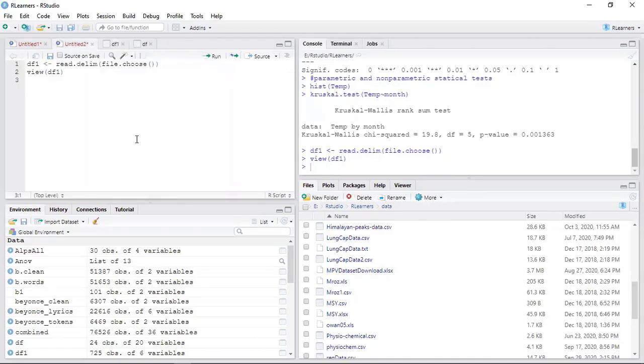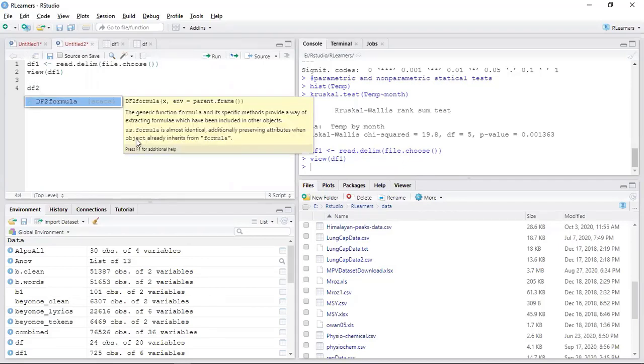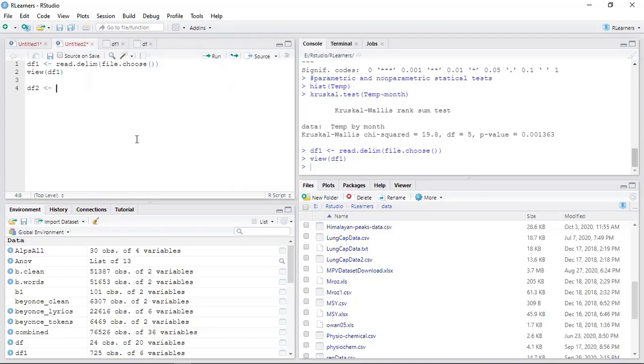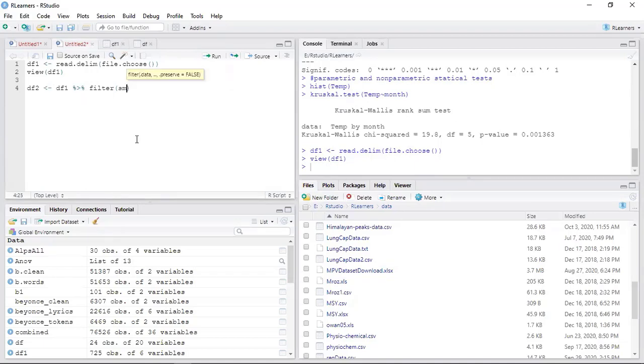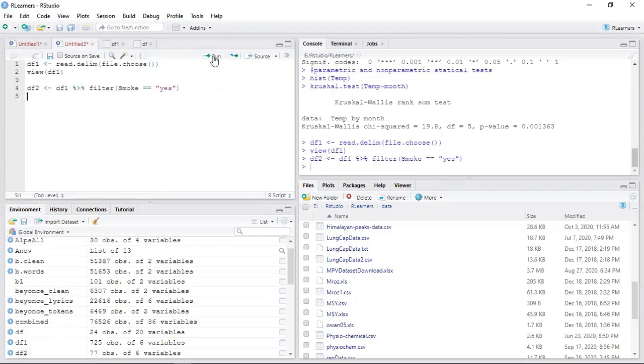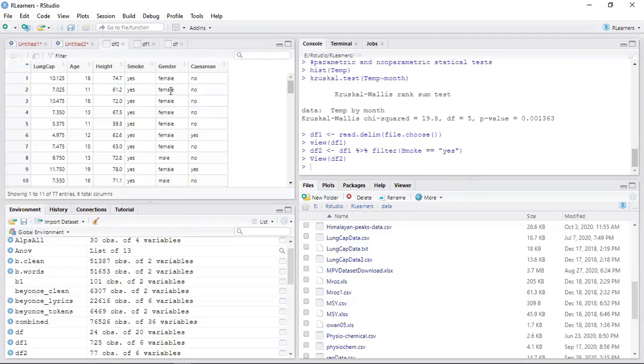Let's take our DF, let's just call it DF2, and say, let's take our DF1, and then what do you want to do? You want to filter under smoke is equals to the people that smoke, and that is yes. Let's see, DF2. So yes.